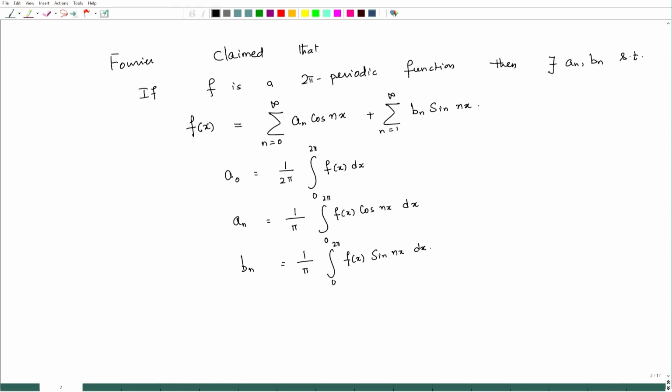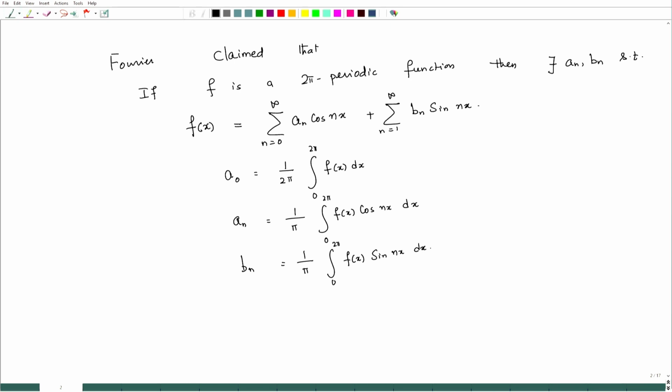Now, secondly, one can ask, even if it converges, what is the guarantee that the right hand side series is going to converge to f of x at every point x? Things are not at all clear.